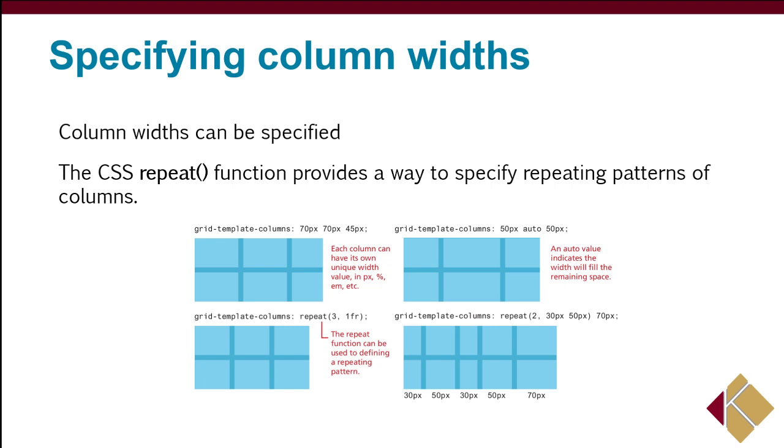It's saying do a repeating pattern of 2: the first column of 30, the next column of 50, and then outside of that repeat, the last one is a 70. So you end up with a 5-column layout: 30 and 50, the first repeat, 30 and 50, the second repeat, and then the last one 70. You can also use auto in there, and that's just going to figure out what the remaining space is and set it to that.